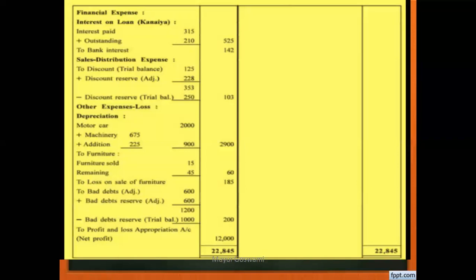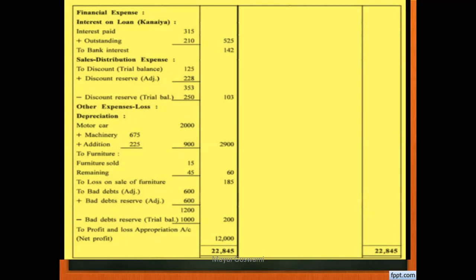Right? Then after bad debt reserve is given, for that again we have to prepare a big chart table. So let's prepare the chart table. Write down to bad debt trial balance. Under that plus bad debt adjustment.